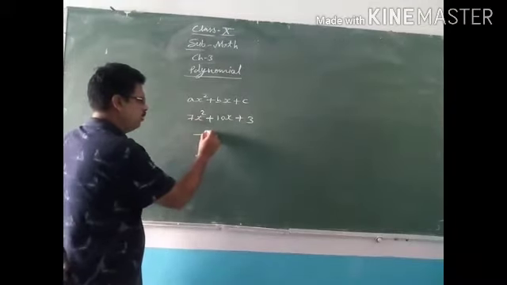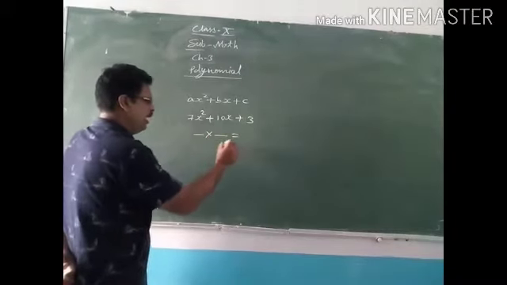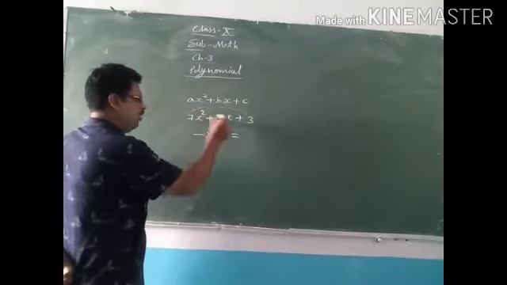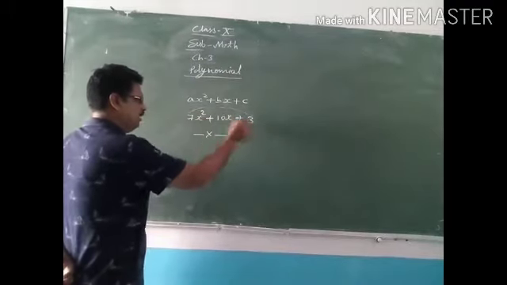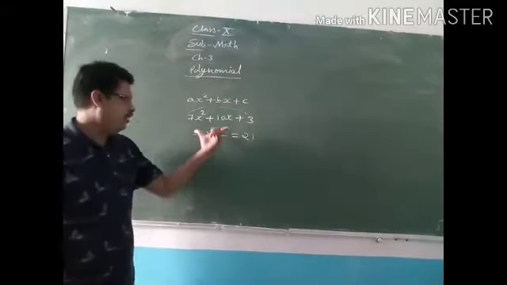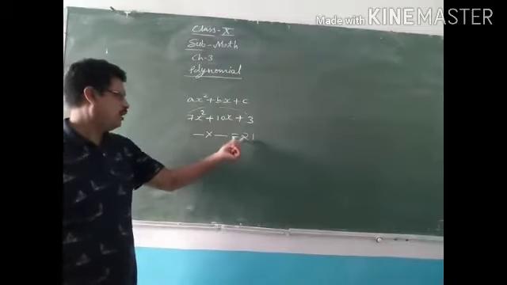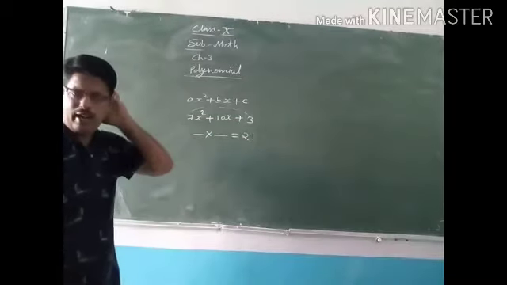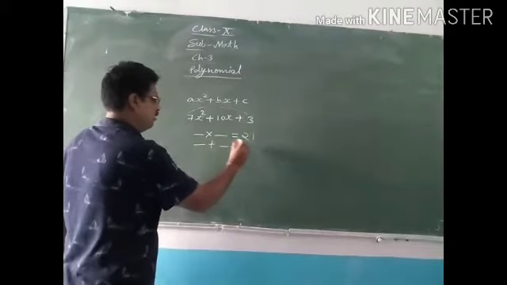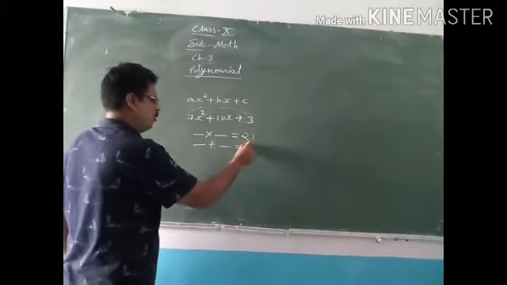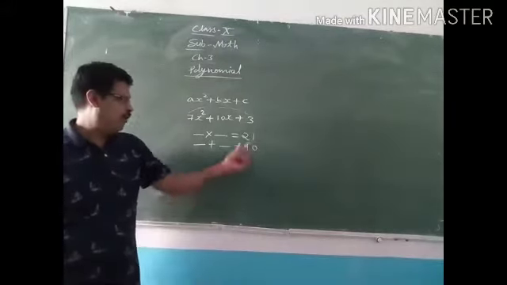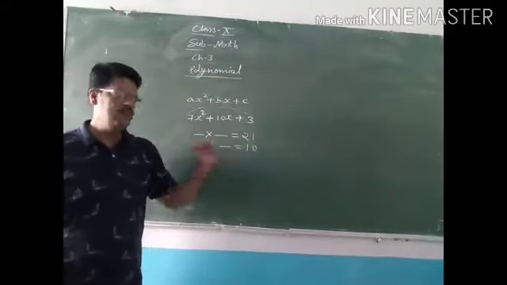We have to take two numbers and multiply them, and our answer should come a into c, means 7 into 3, 7 threes are 21. And if we add these same numbers, it should come equal to b, that means 10. Understand? A multiply c is 21, and this is b.